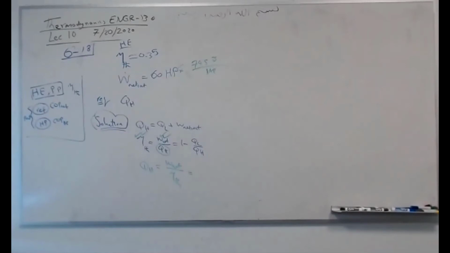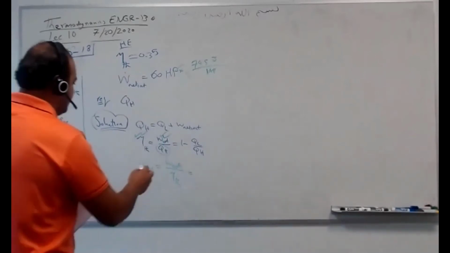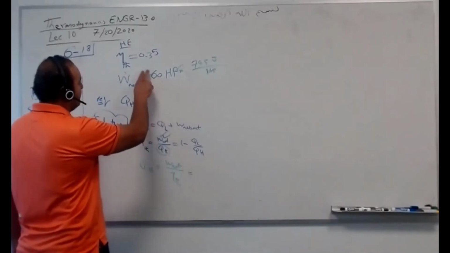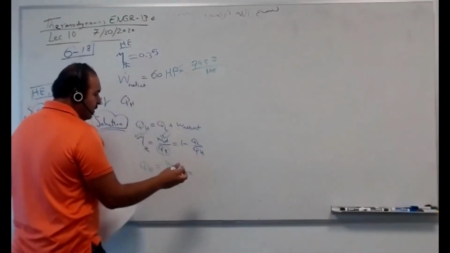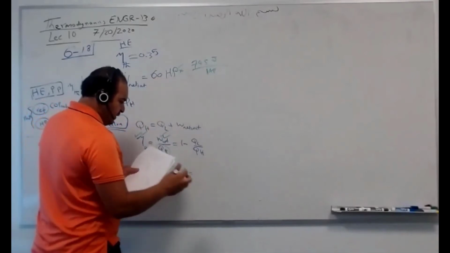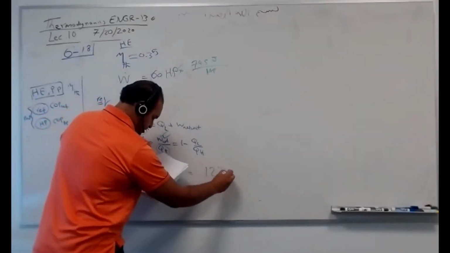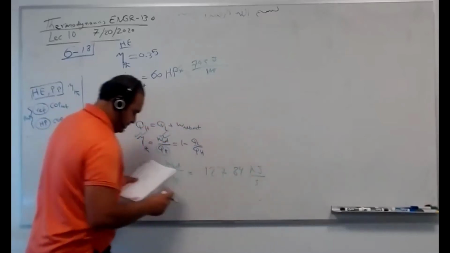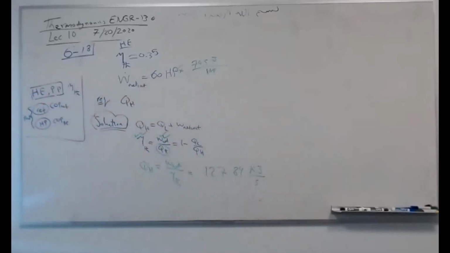Okay. Just the output is here. Either divide this by thermal efficiency, you get horsepower, or multiply by this conversion. So it's going to be 127.84 kilojoule per second, or kilowatt. That's it.